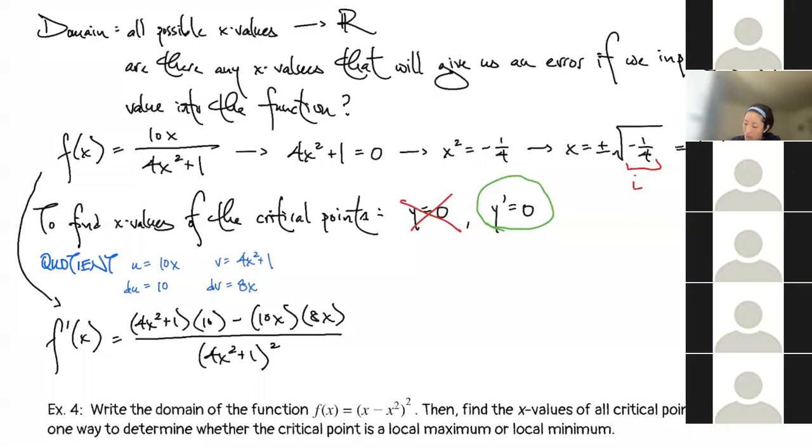I found my derivative. What do I want to do with it? We're going to set that derivative equal to 0. Good. And that goes back to our strategy. We said we want to find critical points. Critical points are when the slope equals 0. So I have to find that derivative and set it equal to 0.